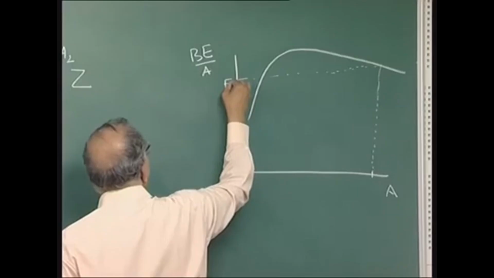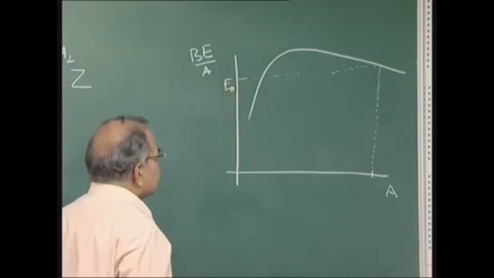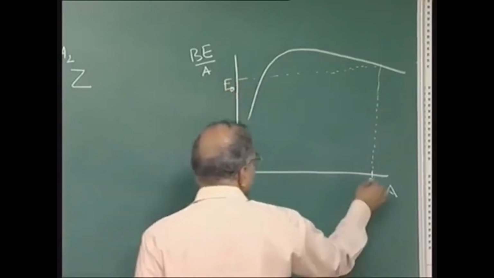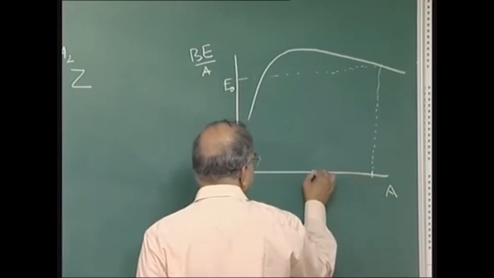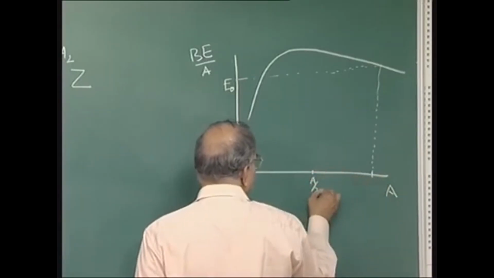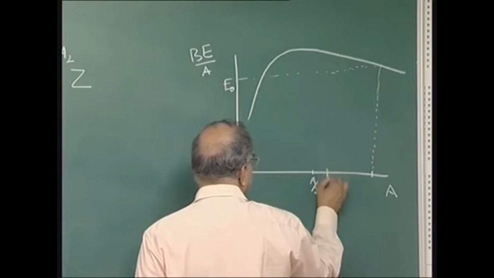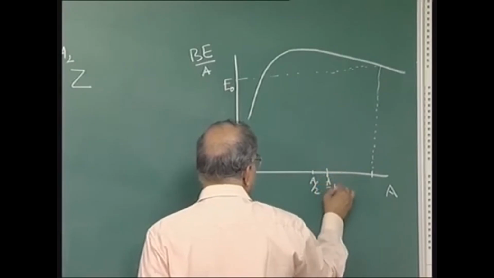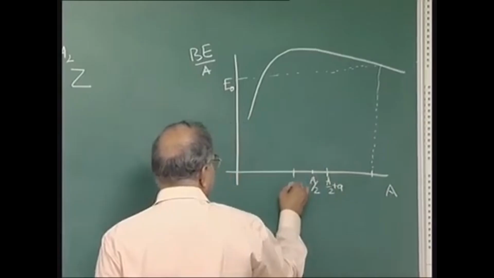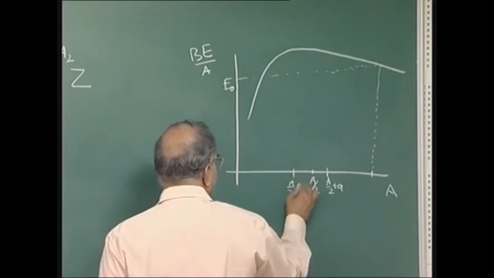Say this is E1 or E naught, and then you have A by 2. So, somewhere here A by 2, and then one fragment is say here A by 2 plus a, another fragment is here A by 2 minus a.